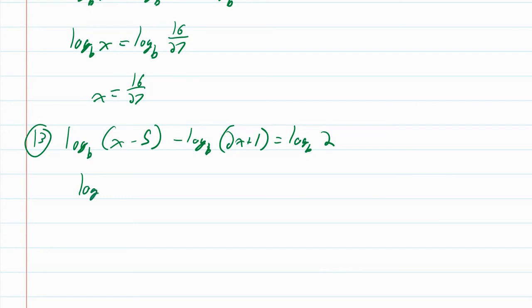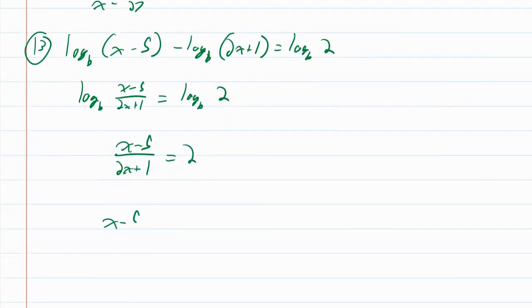So I get the log base b of x minus 5 over 2x plus 1 equals the log base b of 2, which means that x minus 5 over 2x plus 1 has to equal 2, which means that x minus 5 equals 4x plus 2, or negative 3x is equal to 7, and x is equal to negative 7/3.